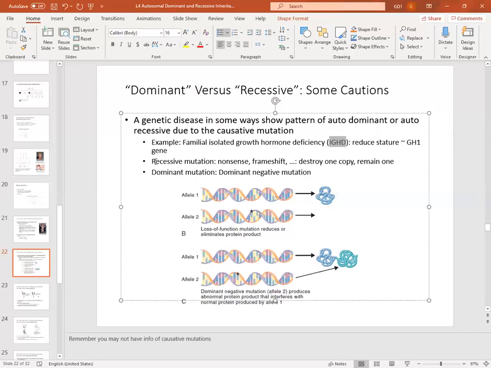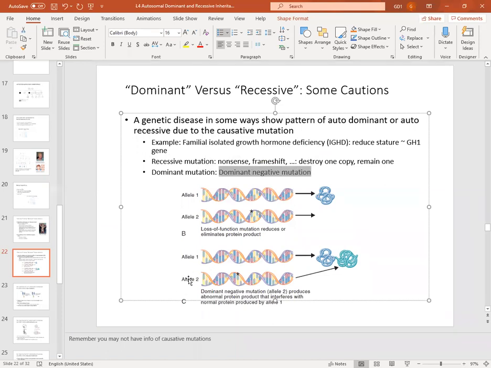Here it is recessive: if we have one copy, we are also safe, no problem. In the case of recessive, it is expressed when small a and small a match each other. When a dominant mutation happens, as I showed in the last presentation, this is a dominant negative mutation.